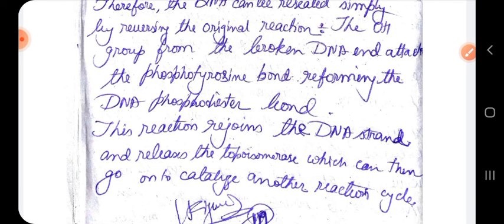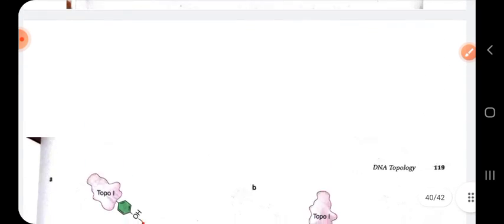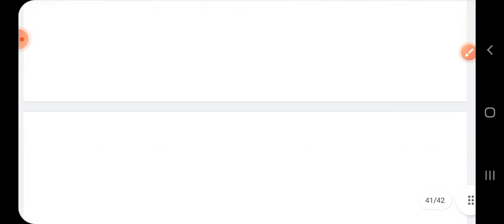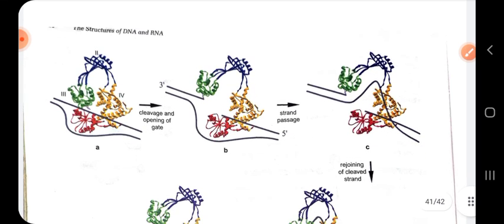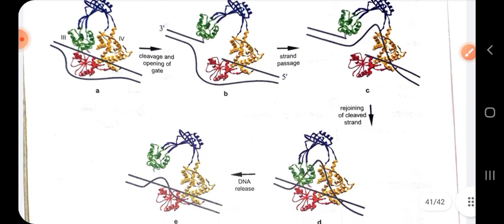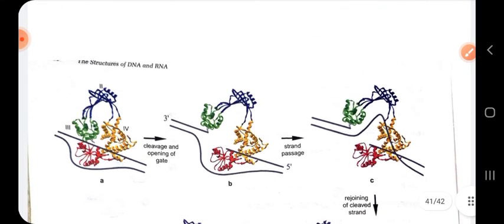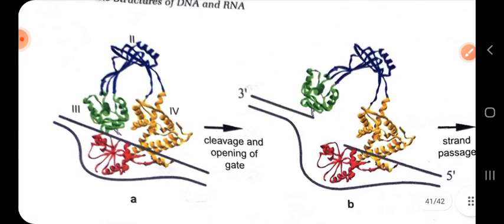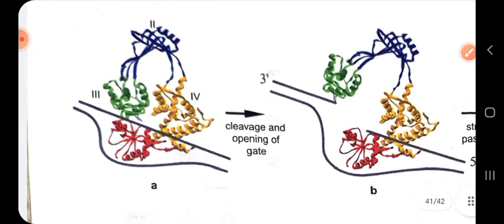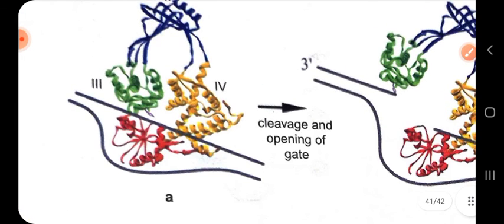Okay, so this was all about your topoisomerase function. Well, this has been shown for type 1 topoisomerase, how it carries out the function. Let me try to show it with the help of a ribbon shape model.